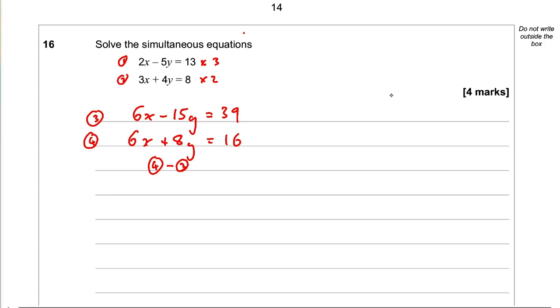So 6x minus 6x is 0. 8y minus minus 15y is going to be 23y. And 16 minus 39 is going to be minus 23. So divide both sides by 23, y would be equal to minus 1.